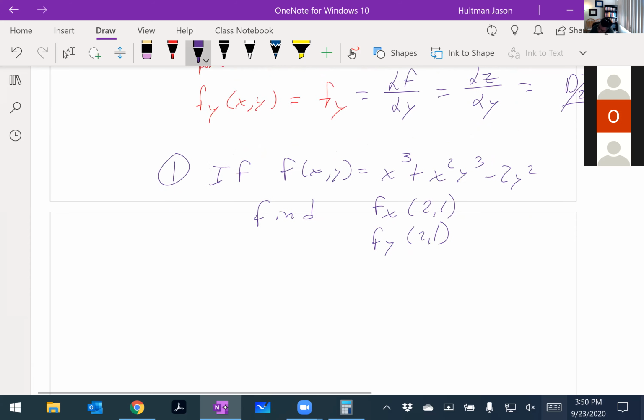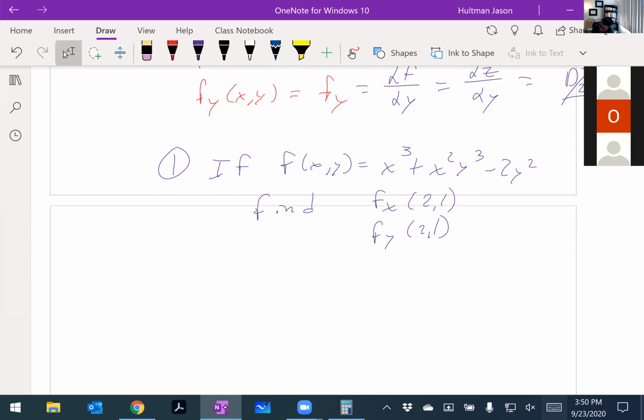So think of this as like taking implicit differentiation, but you're letting one of them be constant. You're just allowing the variable that you're not taking the derivative on to act like a constant.